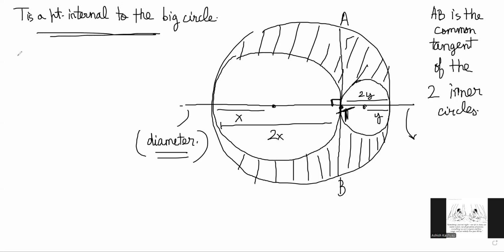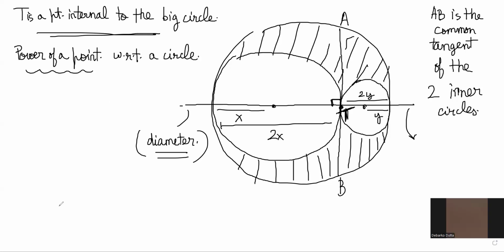Now, do you know about the concept of power of a point? Right. Power of a point with respect to a circle? So it is basically like the square of the tangent, length of the tangent.